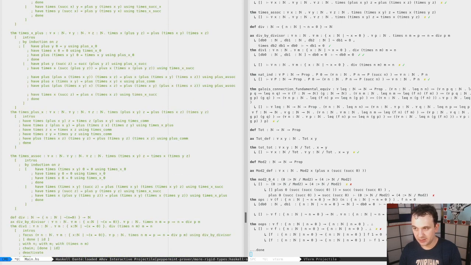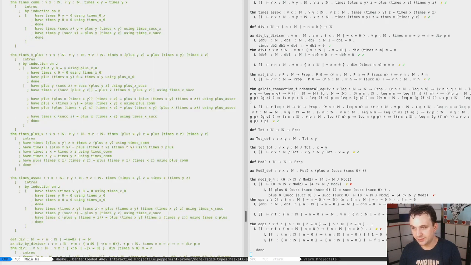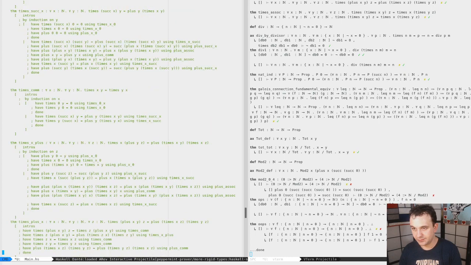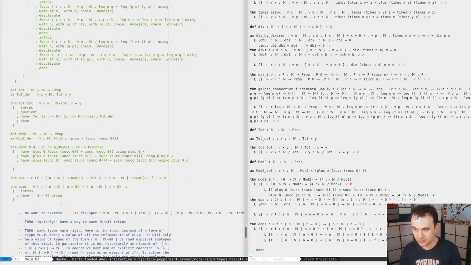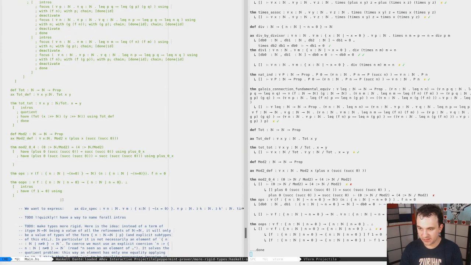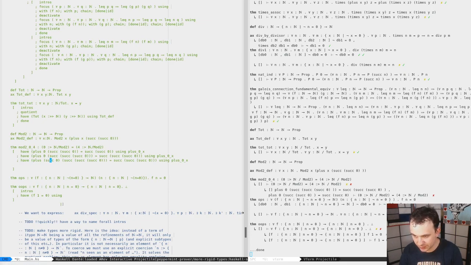This one will not work, I guess. So before proving this, we have to prove equals sucks of... that will work. That will actually prove 3 for me.